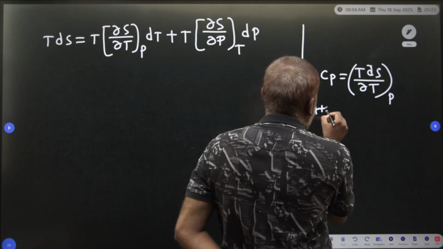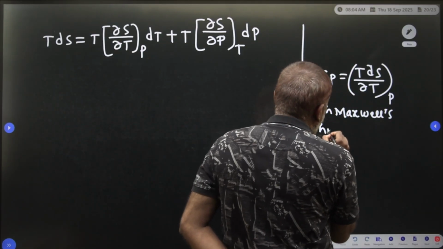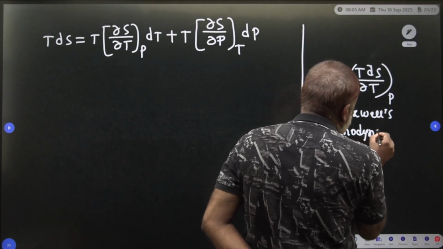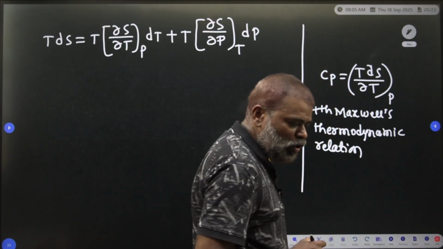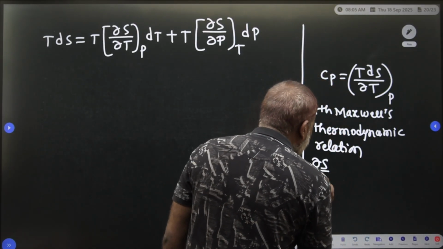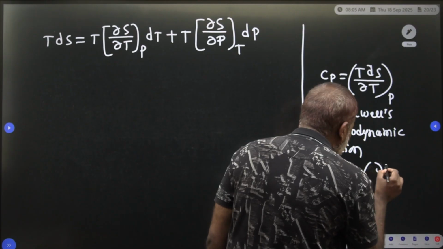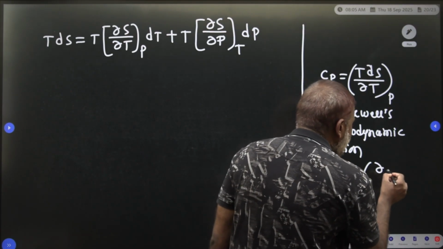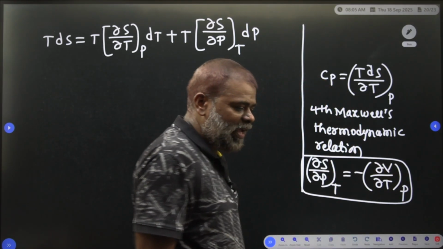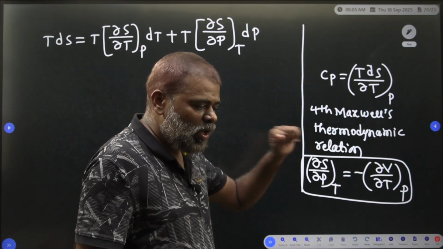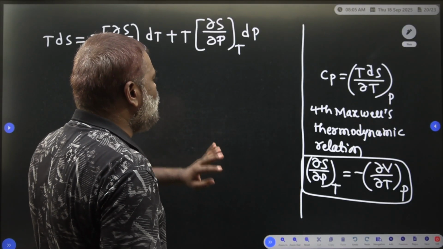What is the fourth Maxwell thermodynamic relation? (∂S/∂P) at constant temperature is equal to minus (∂V/∂T) at constant pressure. That is the fourth Maxwell equation.